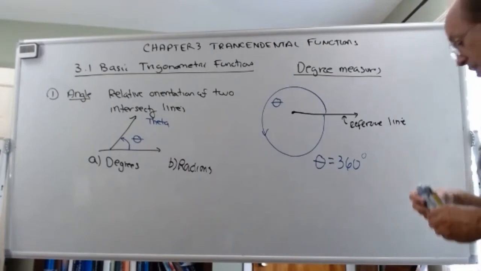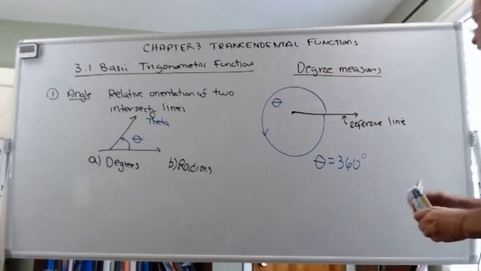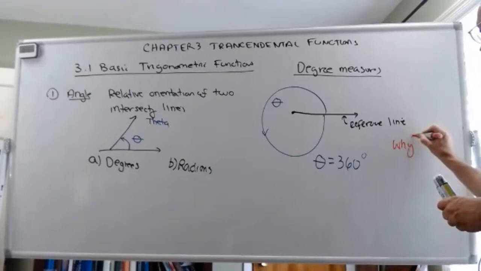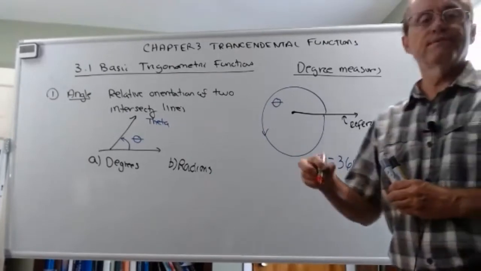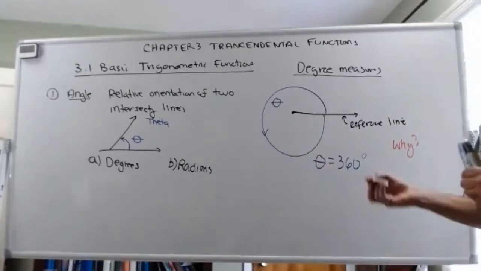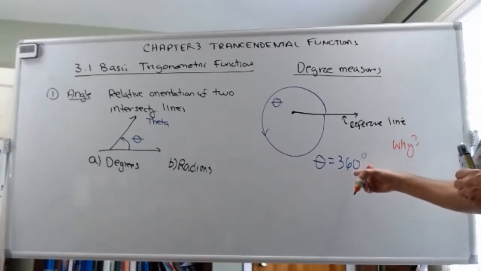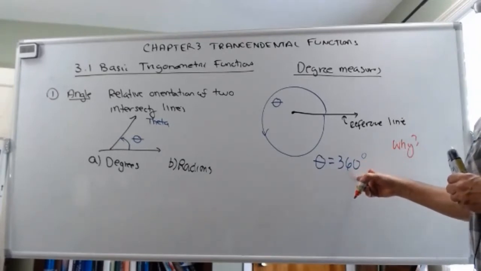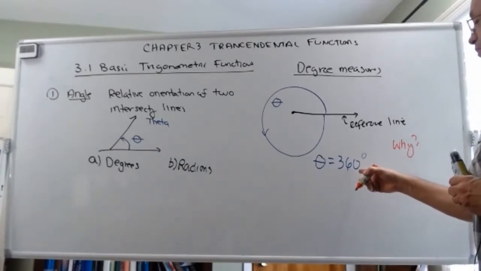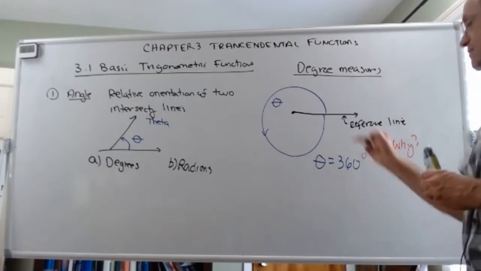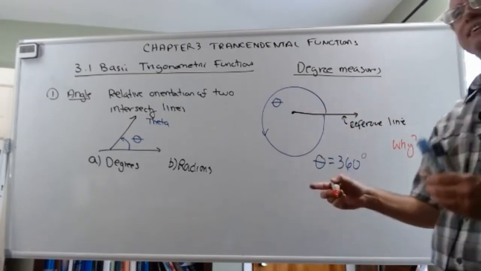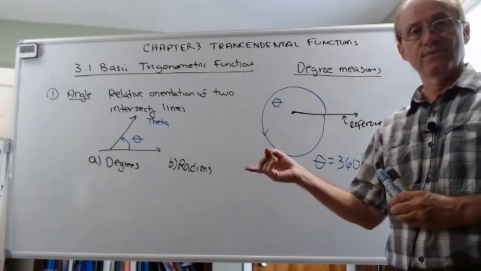Now, the question that often arises is, why 360? Well, a couple of reasons have been speculated on. One is it's very close to the number of days in a year. We go through 365 and a quarter, so it's close to 360, but 365 is not a nice number.